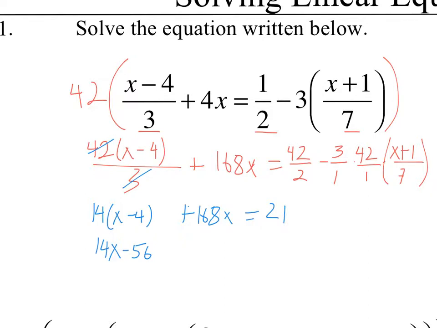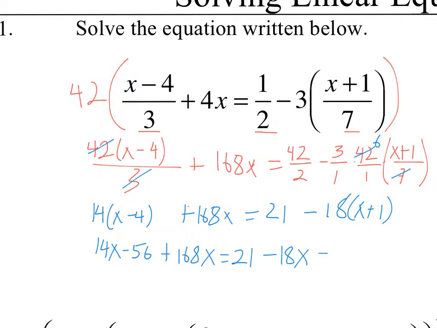And I can reduce my 42 and my 7 to get 6. 3 times 6 is 18, so minus 18 times x plus 1. So we get 14x minus 56 plus 168x is equal to 21 minus 18x minus 18, being careful to get that negative to both pieces of this.